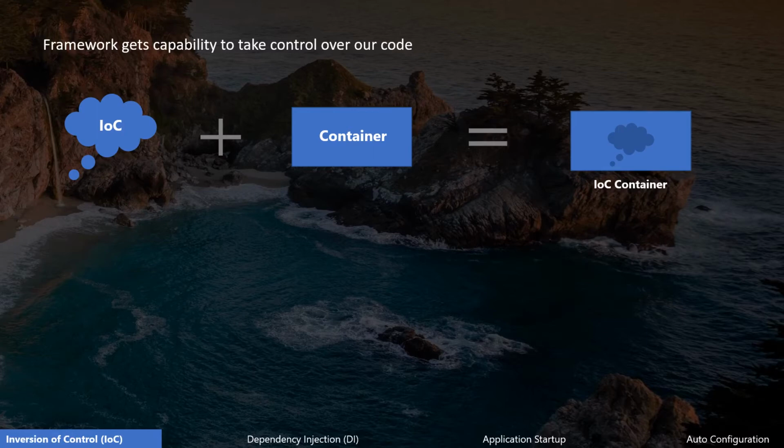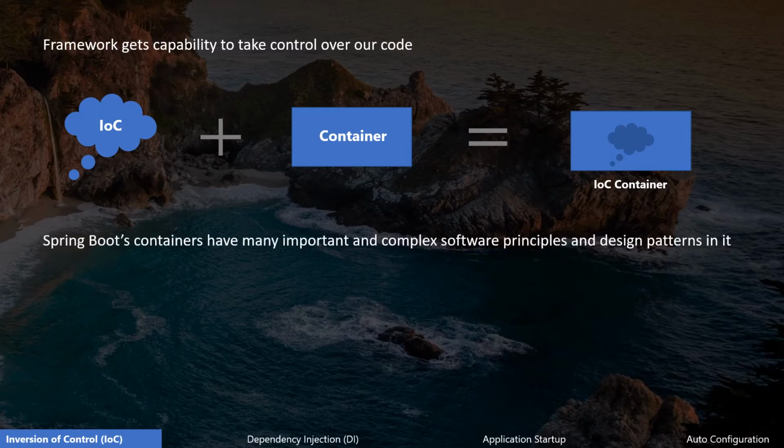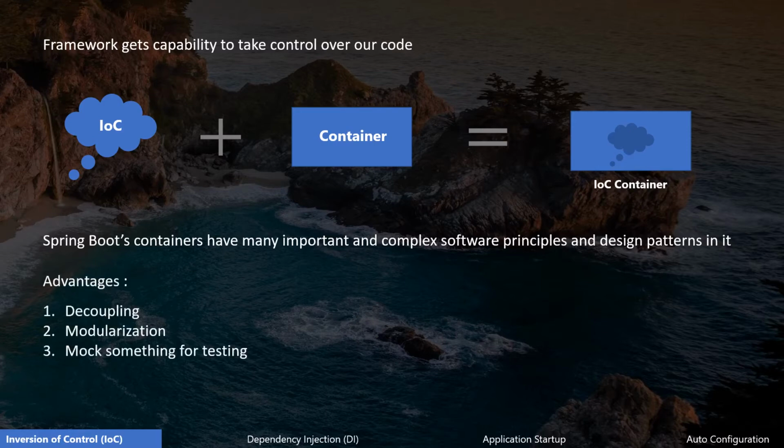But in case of Spring, these IoC containers have so many other important and complex software principles and design patterns in them, which is out of the scope of this series, but along the way we will discuss a few of them. And there are advantages of using this principle in coding, such as decoupling, modularization, and mocking. We will look into each one of these in upcoming tutorials.